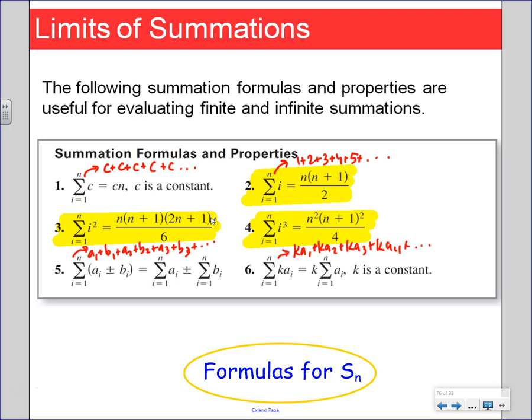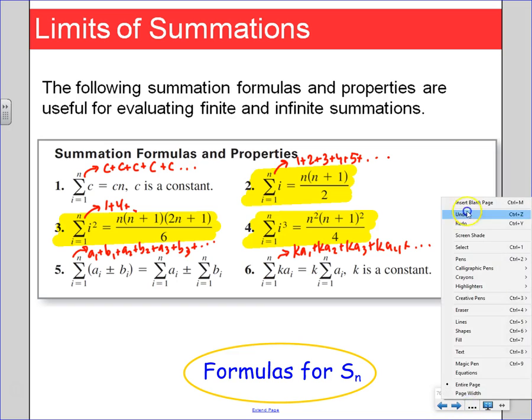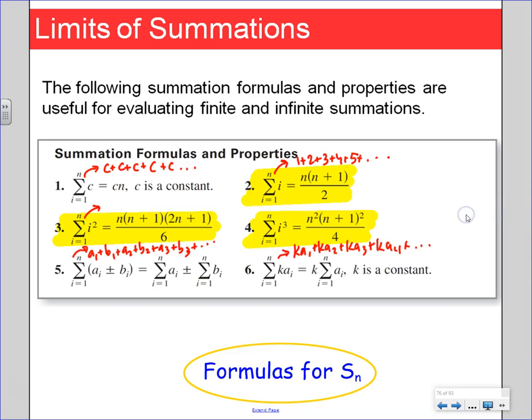But as soon as you have I squared, that trick goes out the window, because now you have 1 plus 4 plus 9 plus 16 plus... And this one would be even worse, because this one would be 1 plus 8 plus 27 plus 64 plus... Ugh.